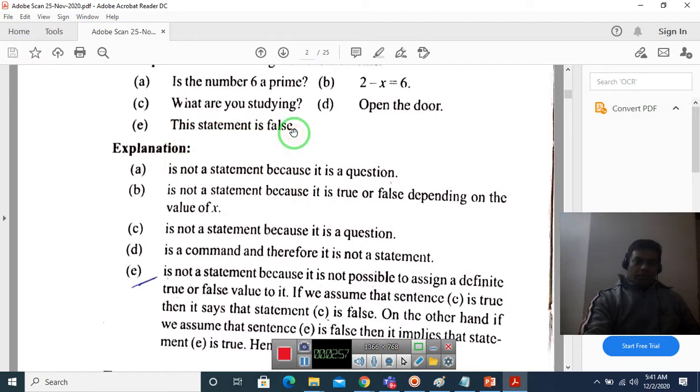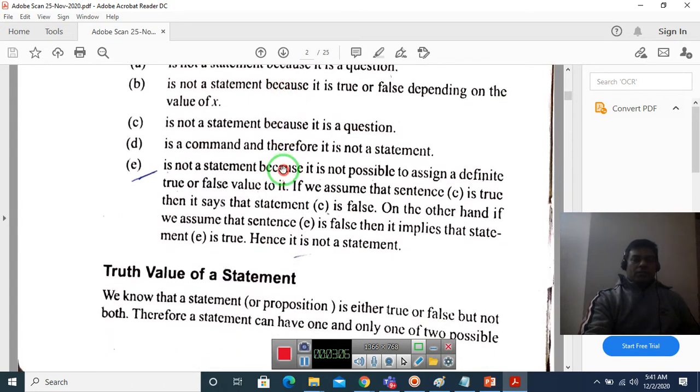According to someone it may be true, but according to another's view it may be false, so it is not a statement. It is not possible to assign a definite true or false value to it. If we assume that the sentence is true, then it says the statement is false.